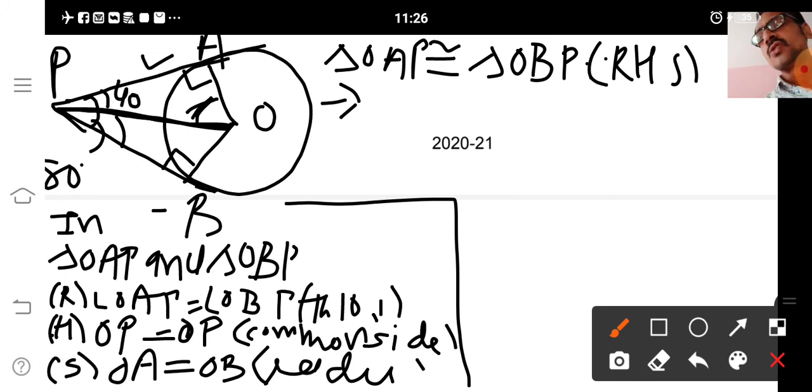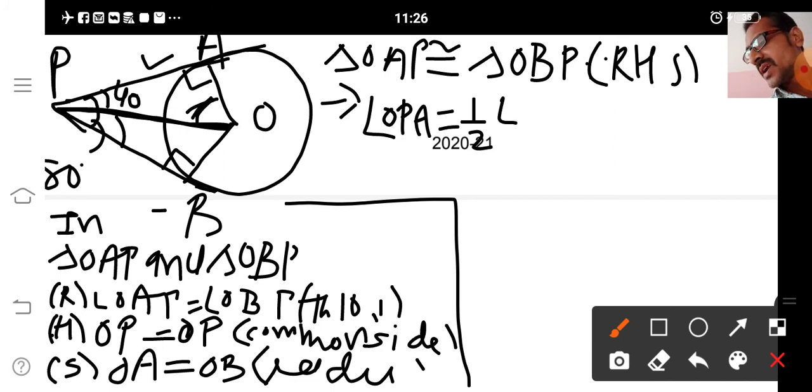है ना. So here angle OPA equals to half of angle 80 degree, which is APB. So how can we write this?